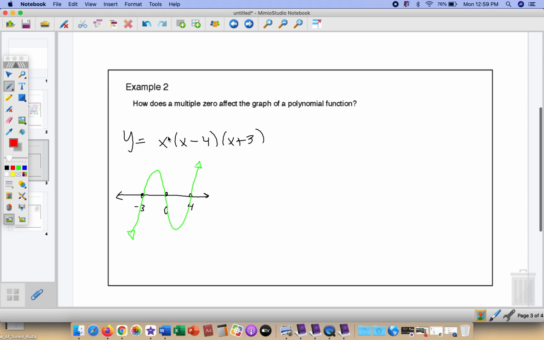Now notice, for each factor, you only see it one time, so the degree is 1. Okay? When the degree of a factor is odd, you're going to cross through the x-intercept.